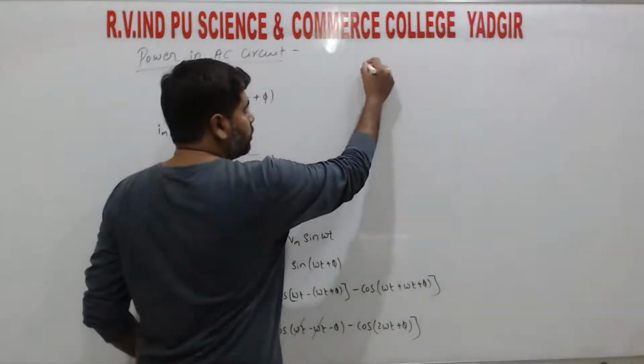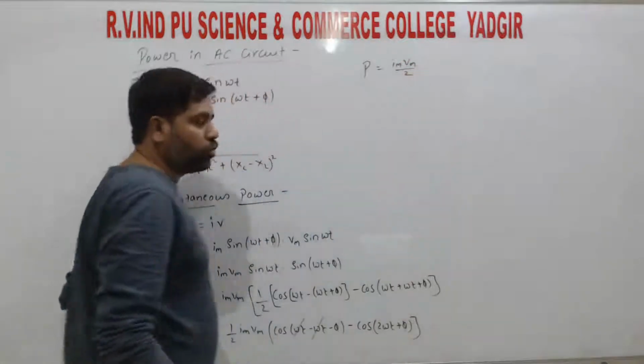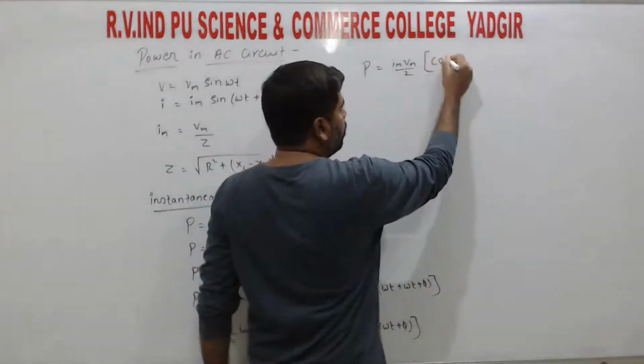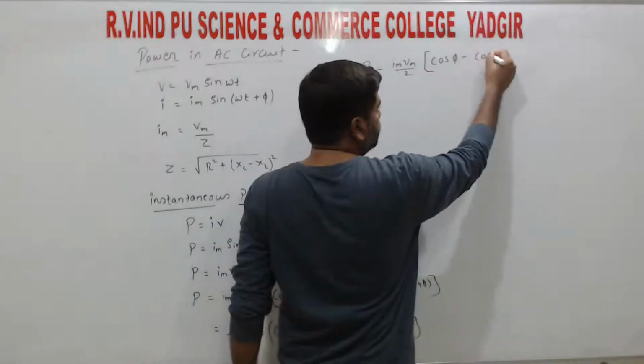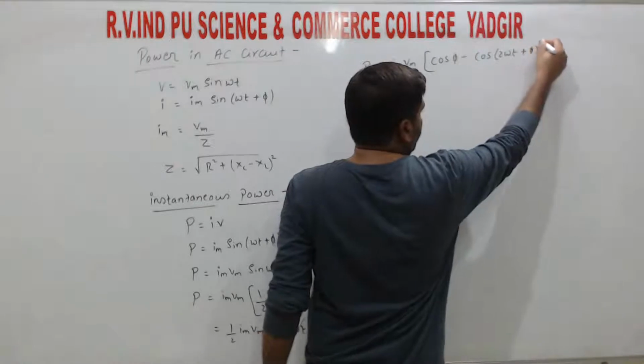So the instantaneous power P equals Im Vm divided by 2 into cos phi minus cos of 2 omega t plus phi.